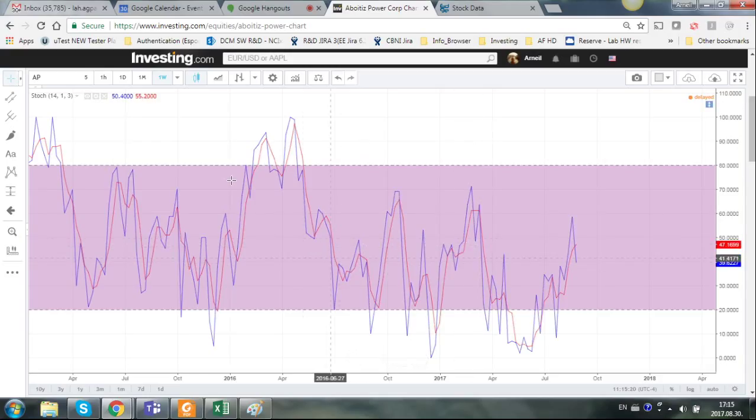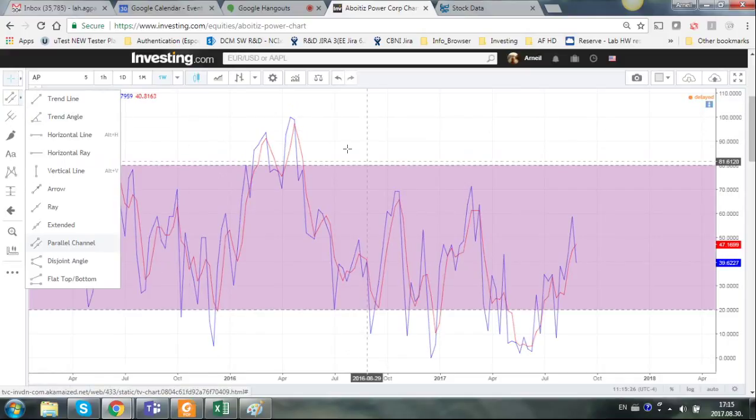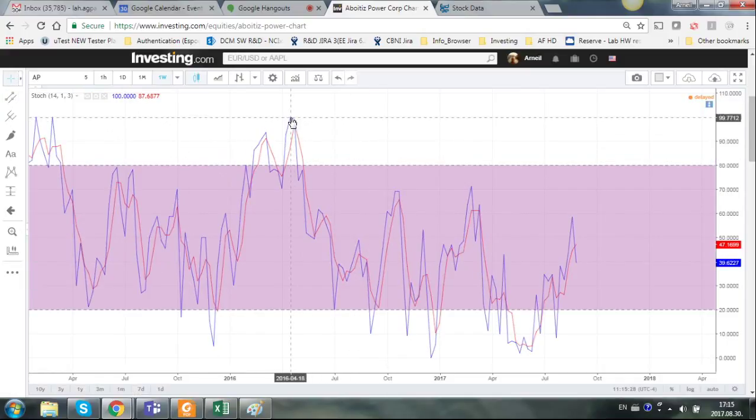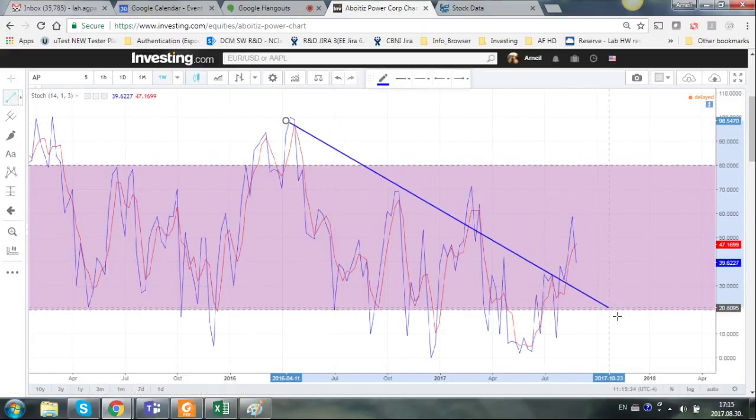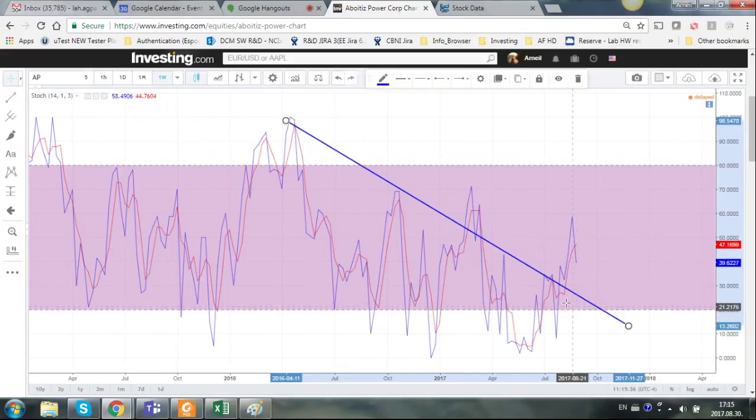So, maaari mo ring gamitin yung trend lines for stochastic. So, ito yung highest point, at ito yung lowest point. So, here, still same. Diba? Nag-breakout dito.